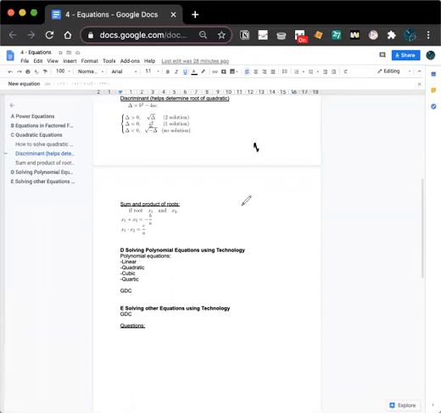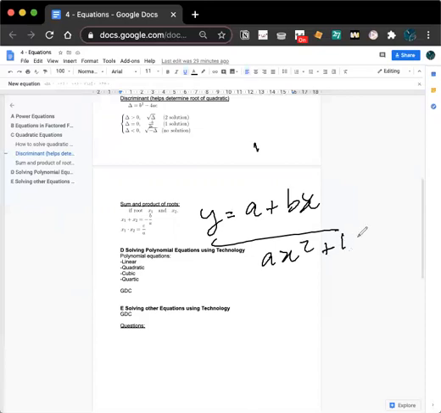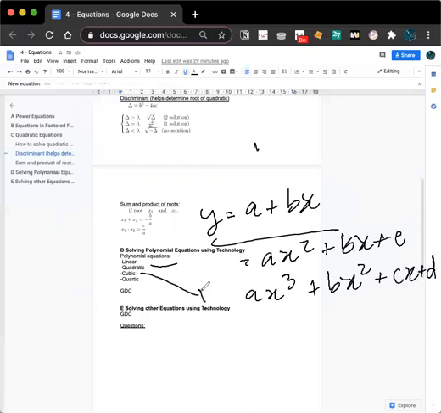The typical a plus bx equation is called linear, and then ax squared plus bx plus c is quadratic, and then ax to the power of 3 plus bx squared plus cx plus d is called cubic, and then if you have to the power of 4, that's quartic, and that's pretty much it. You don't have to memorize it. As long as you can identify it when they ask you in the questions, that's fine.